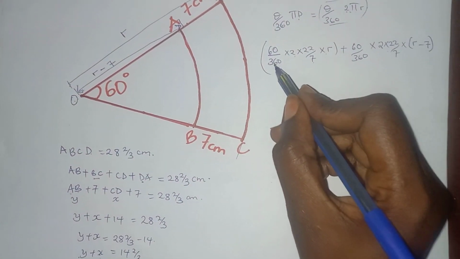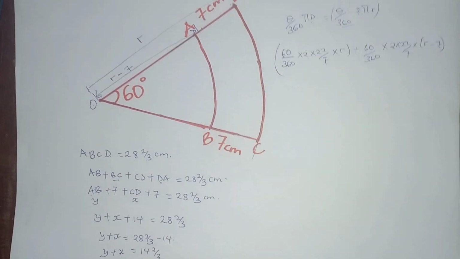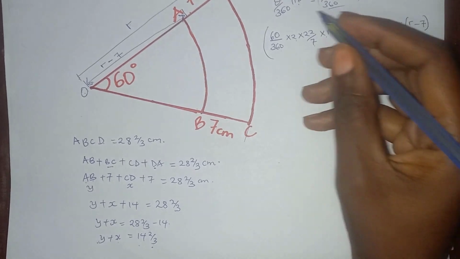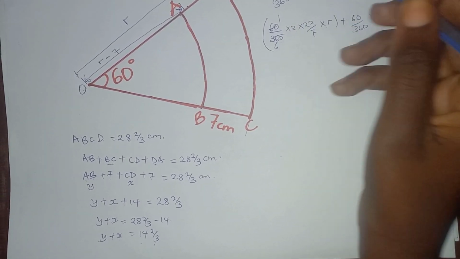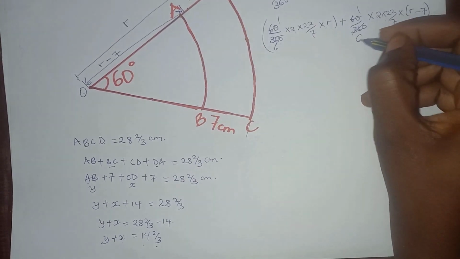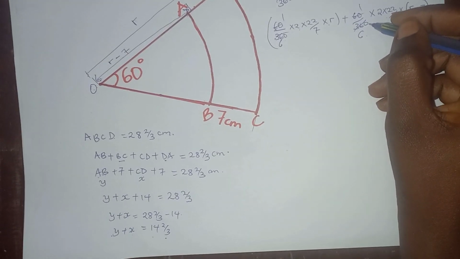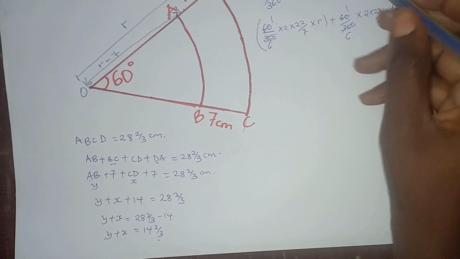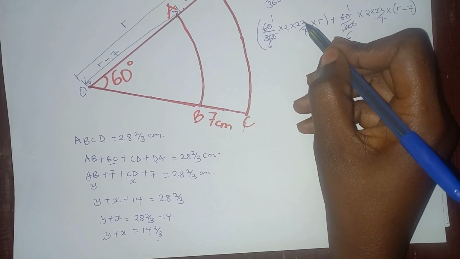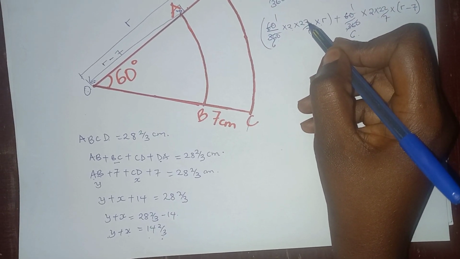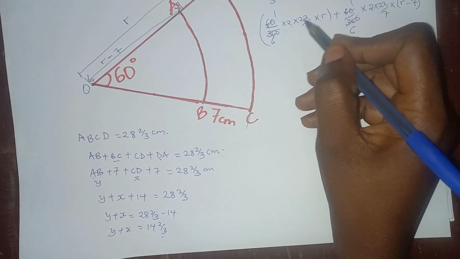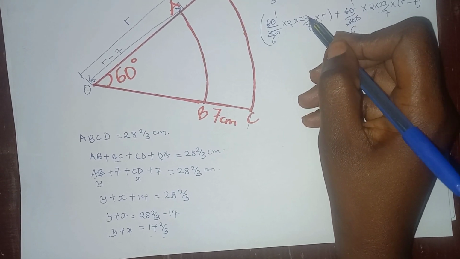Now let's continue here. When we divide this 60 there, 6 goes here, 1 here, 6 here. So when we calculate that, 2 times 22 gives us 44.